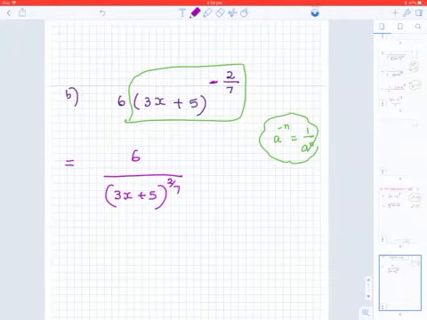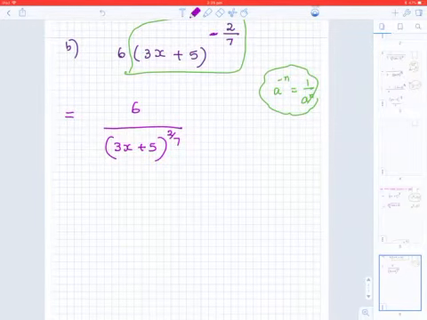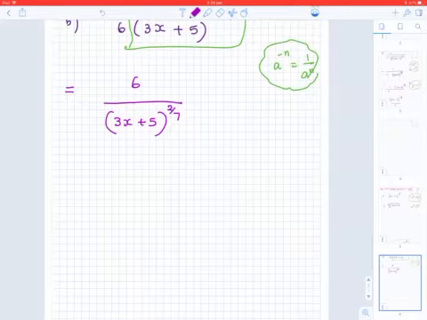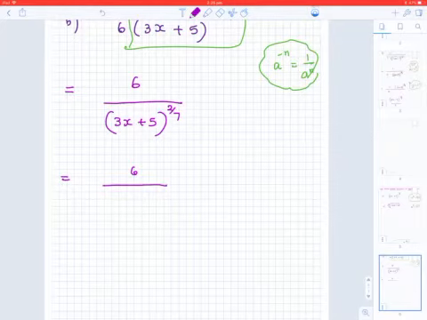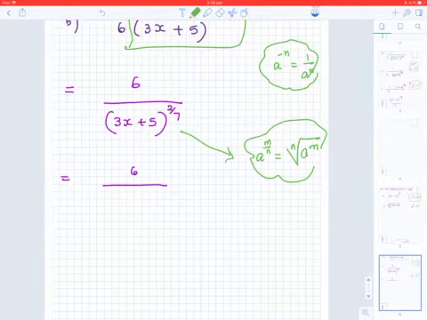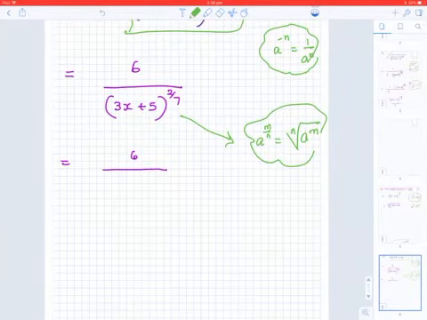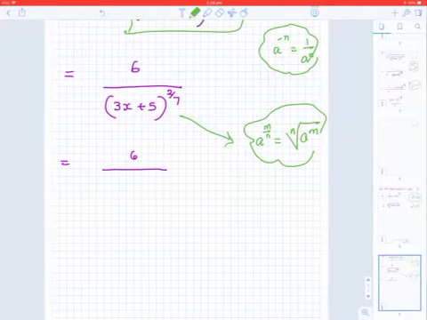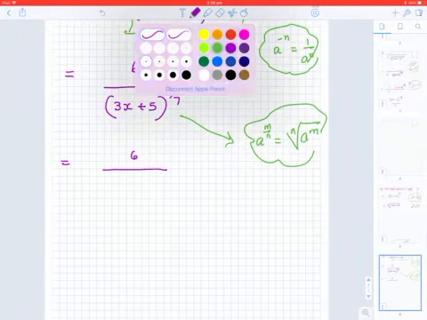Okay, so this question involved negative and fraction as index, whereas now the negative is gone. The next thing is, we still have fraction as an index. So we have to change that. So what I'm going to do is, I write the 6 first and then over. Now we have seen before a power m over n equals nth root of a power m. So we're going to use this result for this term.